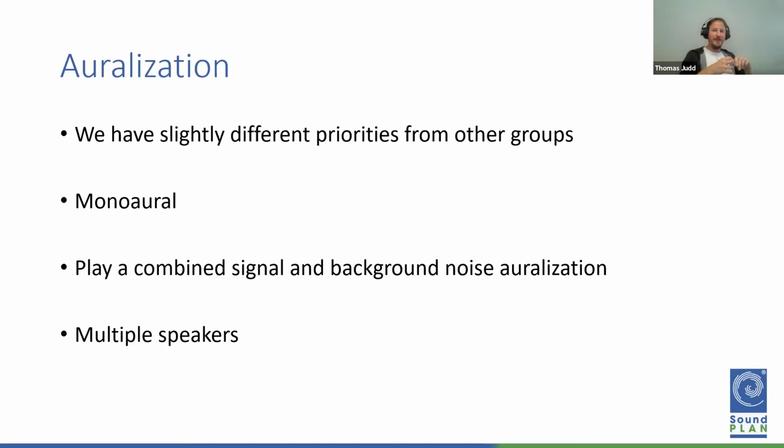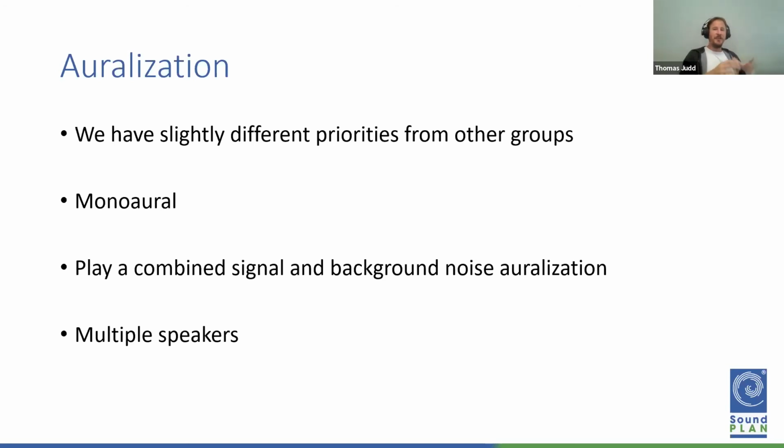And we noticed we had very different priorities from a lot of other people doing auralization, because we're not that interested in music. Well, we are, but just not in terms of the software itself. And we're not really in the virtual reality world either. So those are the two groups who like to do auralization. We're more interested in how well you can understand someone talking in an office, say, with background noise going on.